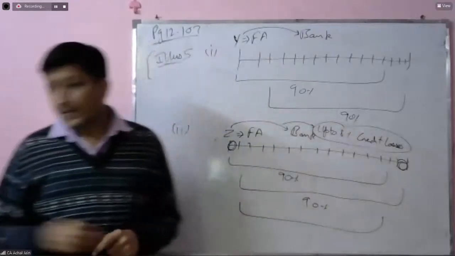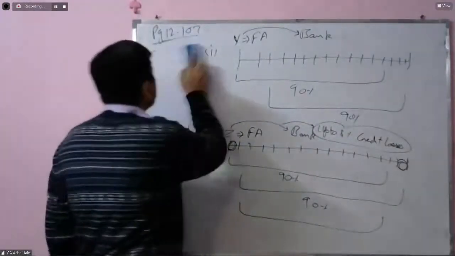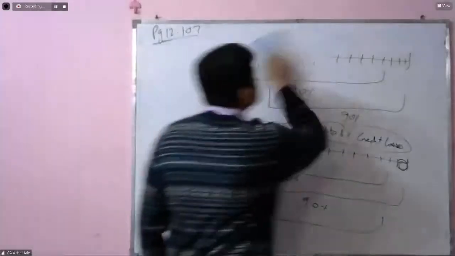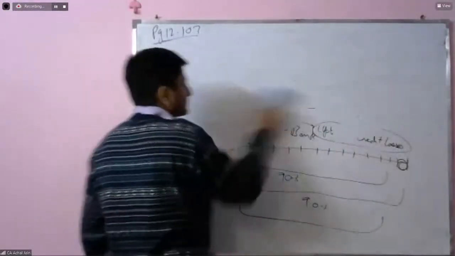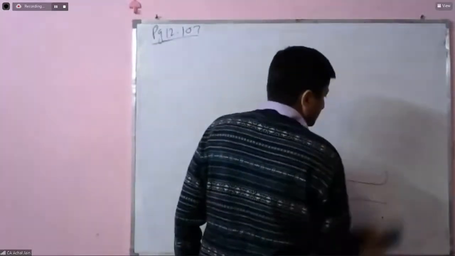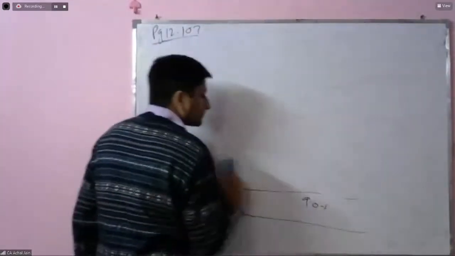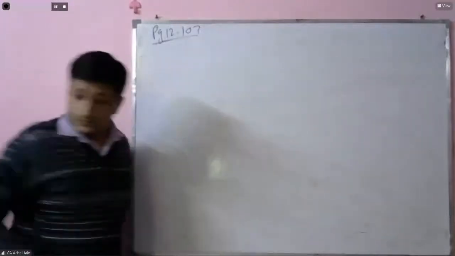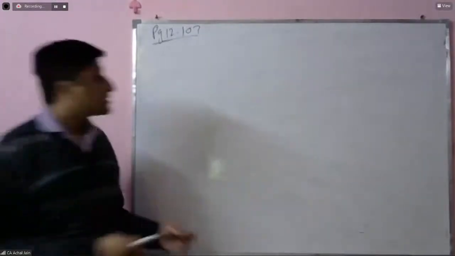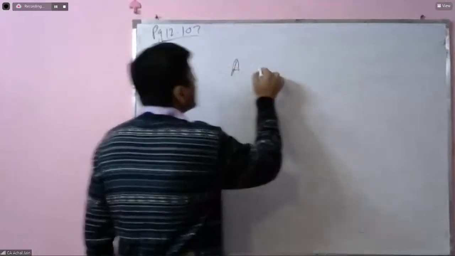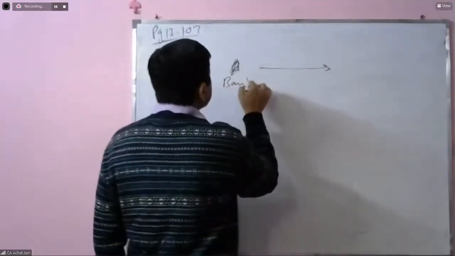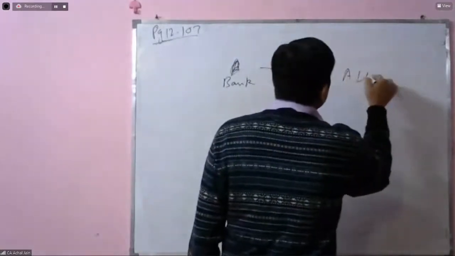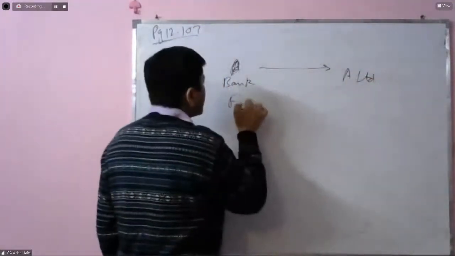For example, say it's about a loan. Let's suppose the bank has given a loan to A Limited. Now for the bank, it's a financial asset.